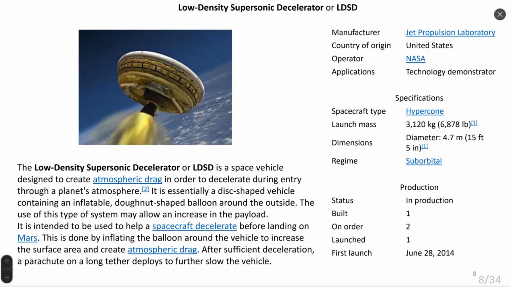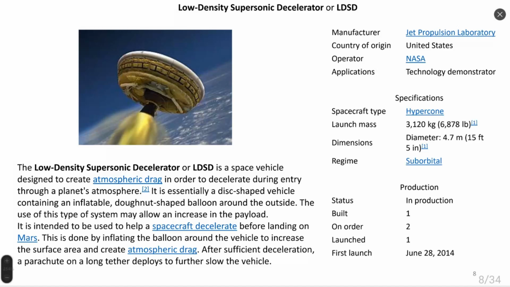One example of application, there are a lot of examples nowadays, but just one of them is the Low-Density Supersonic Decelerator developed by NASA for Mars landing. This project is not fresh, it has already existed for many years, but since it has some experience, some results, we can find a lot of information, a lot of details.